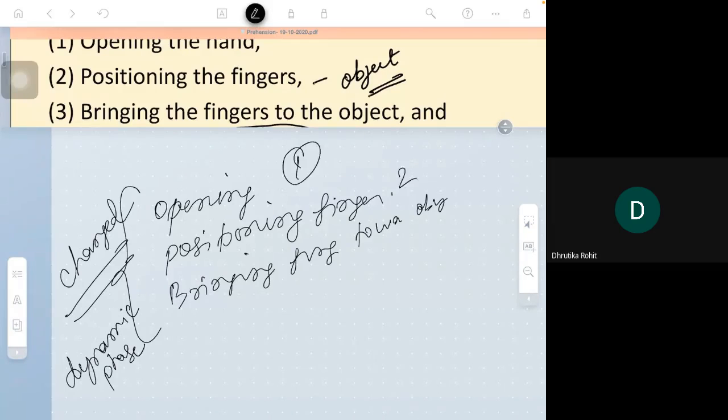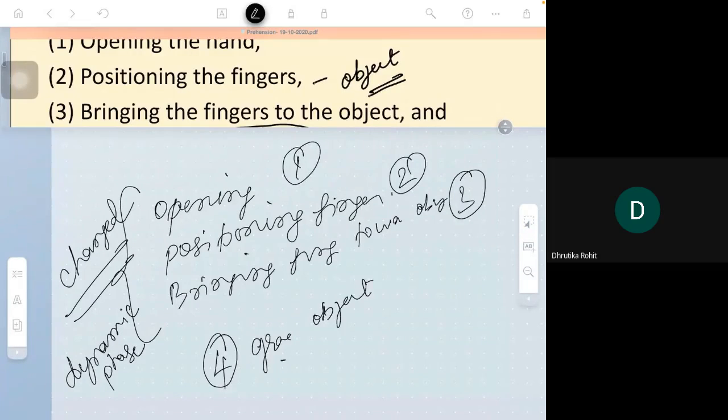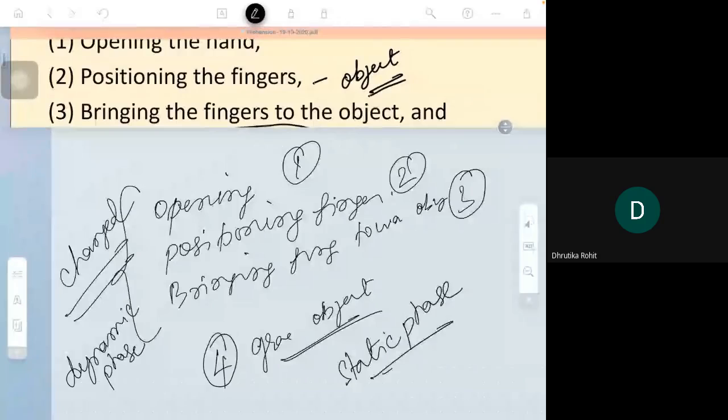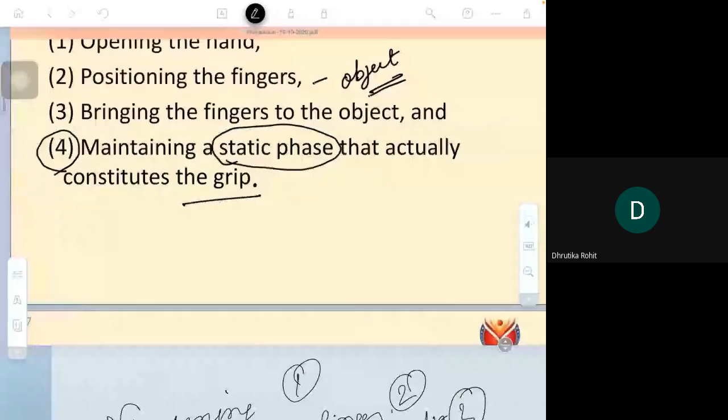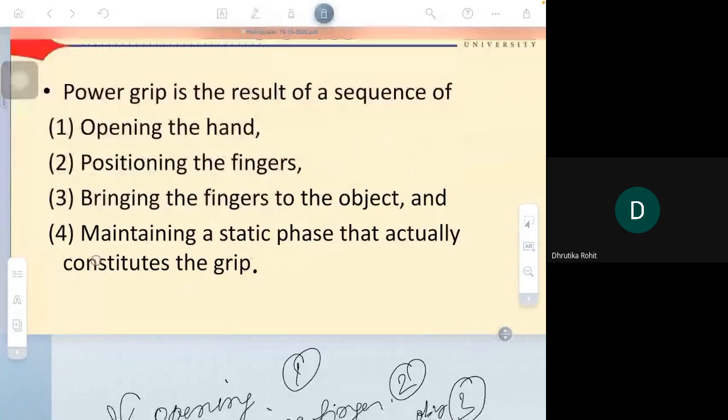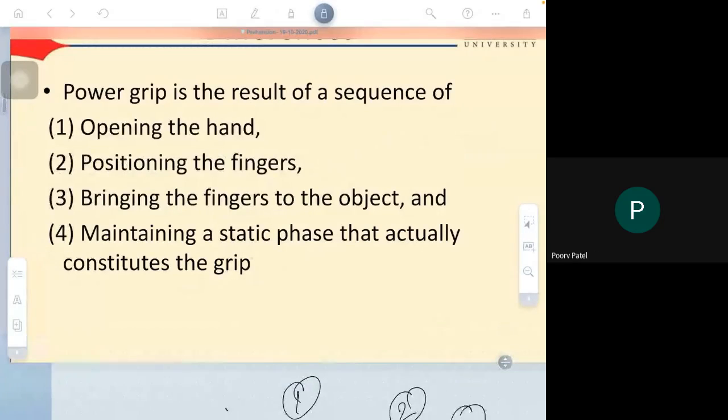1, 2, and 3. But in the fourth phase, you have already grasped the object. Once you grasp the object, the finger position will not change. So it is called static phase. Are you clear? Yes, sir.